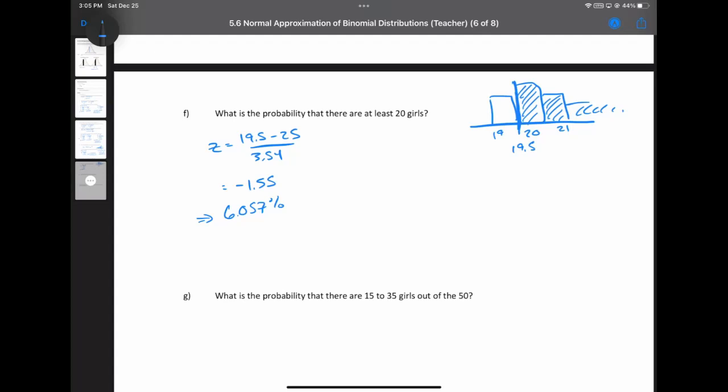To find the percentage of at least 20, we're going to do 100% minus this. So we don't need a z-score to tell us that that's 100%. And so the percentage of data that will be above 20 is going to be 93.943%.